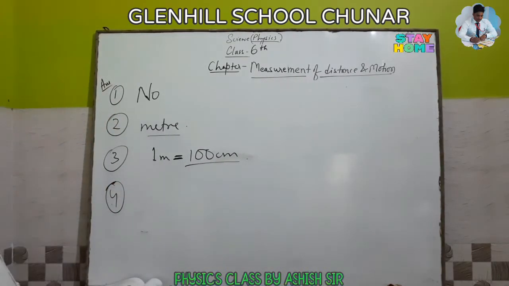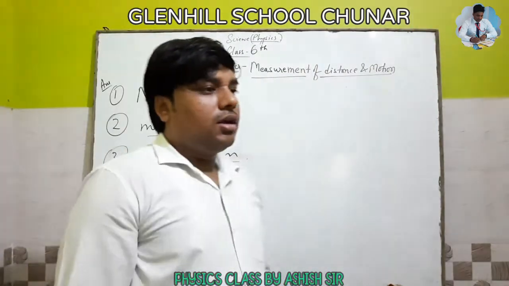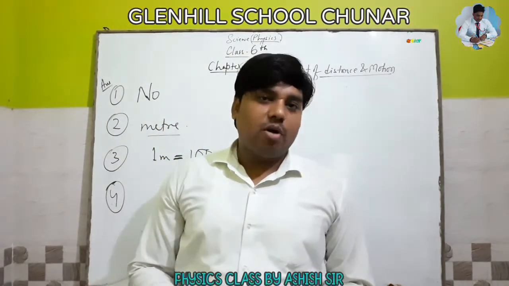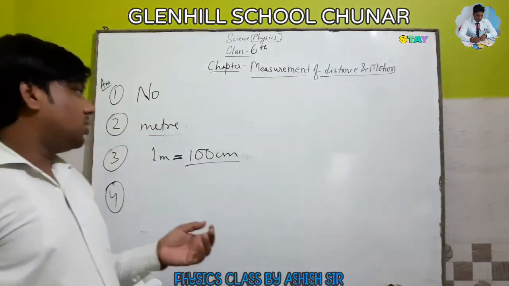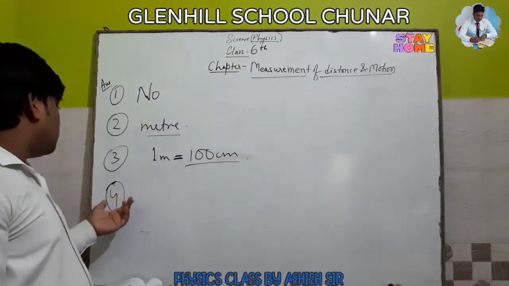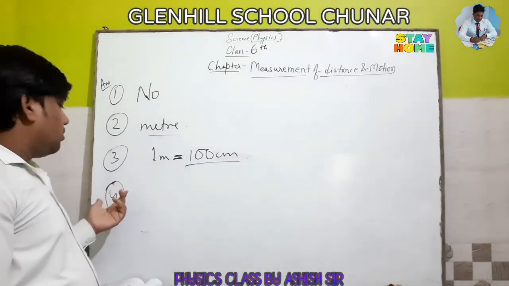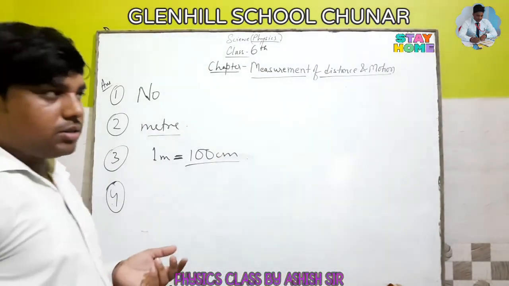Now you search for the answer to question number 4 and give me the answer in the comment box. Discuss among yourselves and give me the answer of question number 4 in the comment box. Okay?